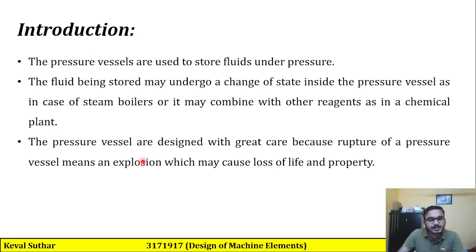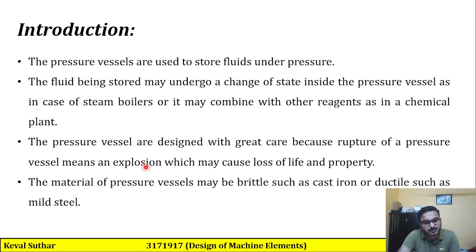So this is a very critical component which should be designed with extreme safety standards. The material for making pressure vessels may be brittle, such as cast iron, or ductile, such as mild steel. It depends on the application.